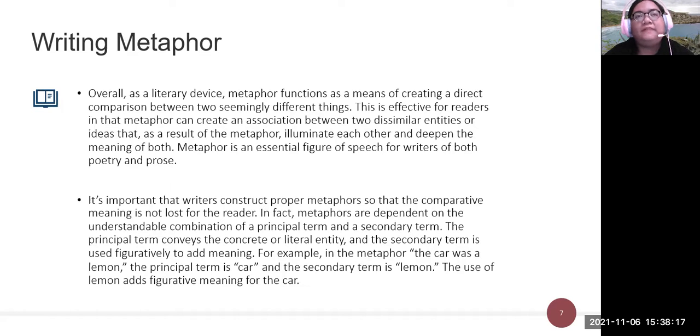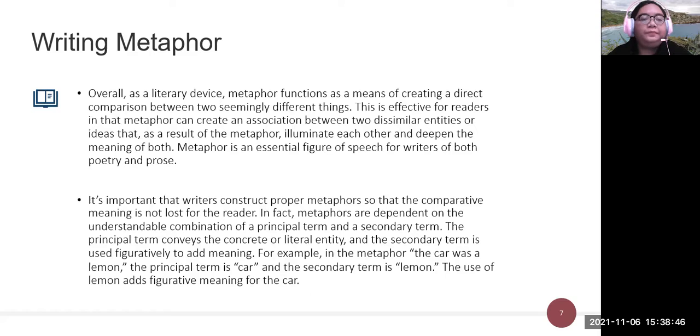By using two images that are so different from each other, it creates a hard, concrete image for the reader. Metaphor is an essential figure of speech for writers of both poetry and prose. So you can use it in a poem or in prose form.